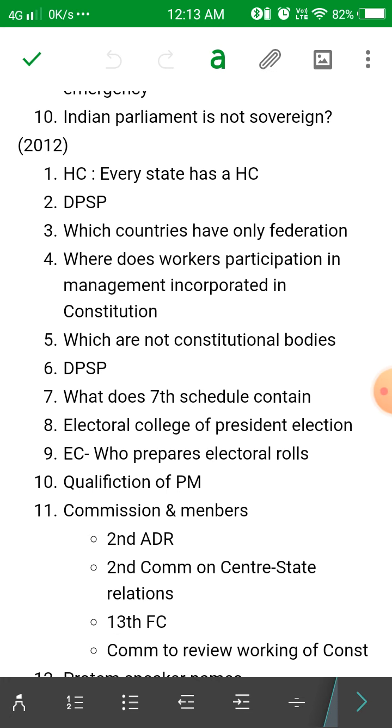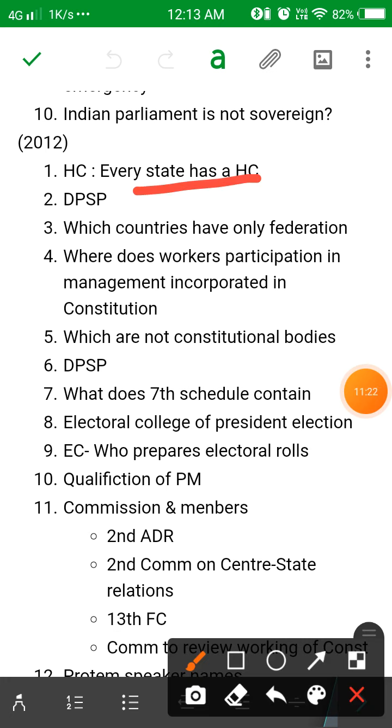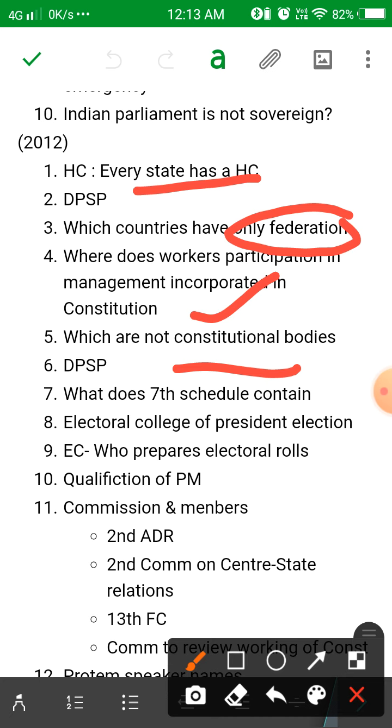And then we had in 2012, with respect to high courts, DPSPs, with respect to federation, and this is also a DPSP question, like where do we have this provision for workers' participation in the management, constitutional bodies, the seventh schedule, electoral college of president election.